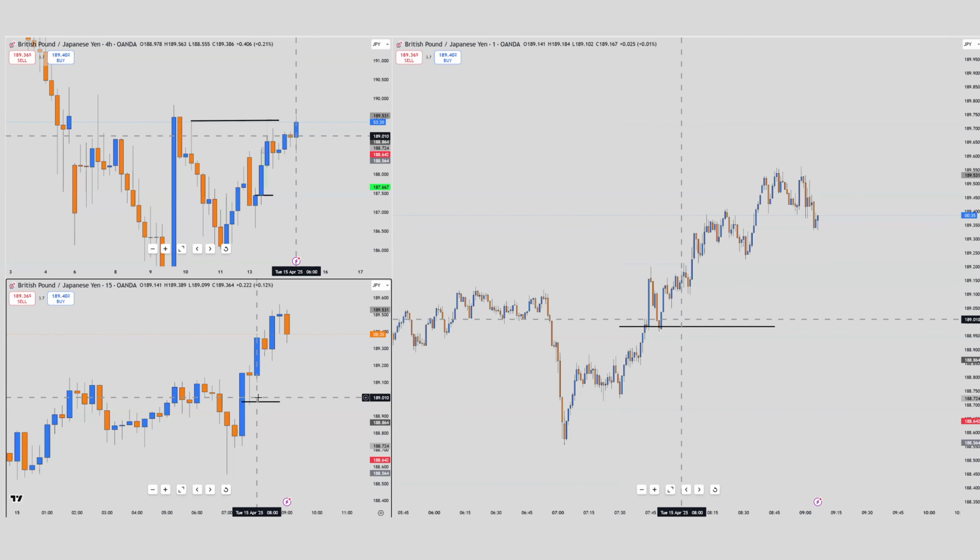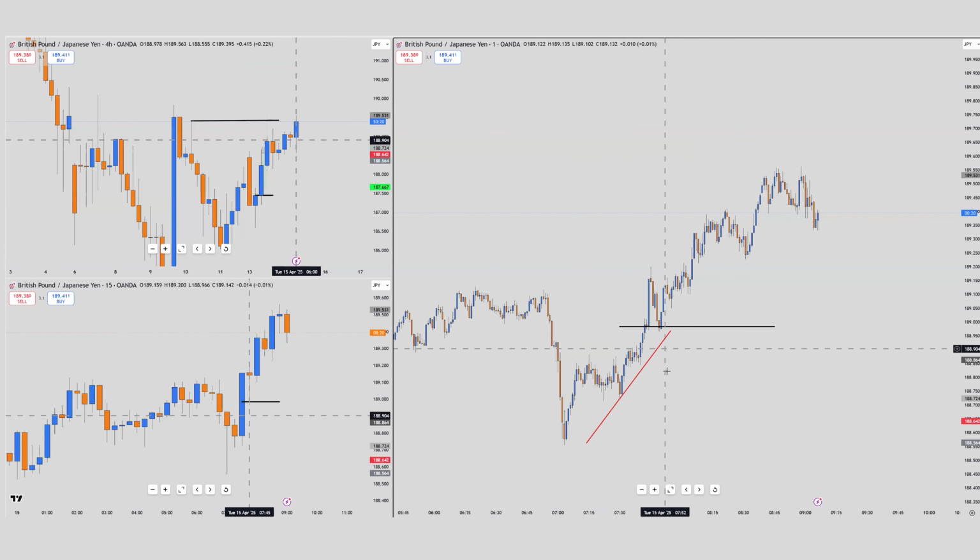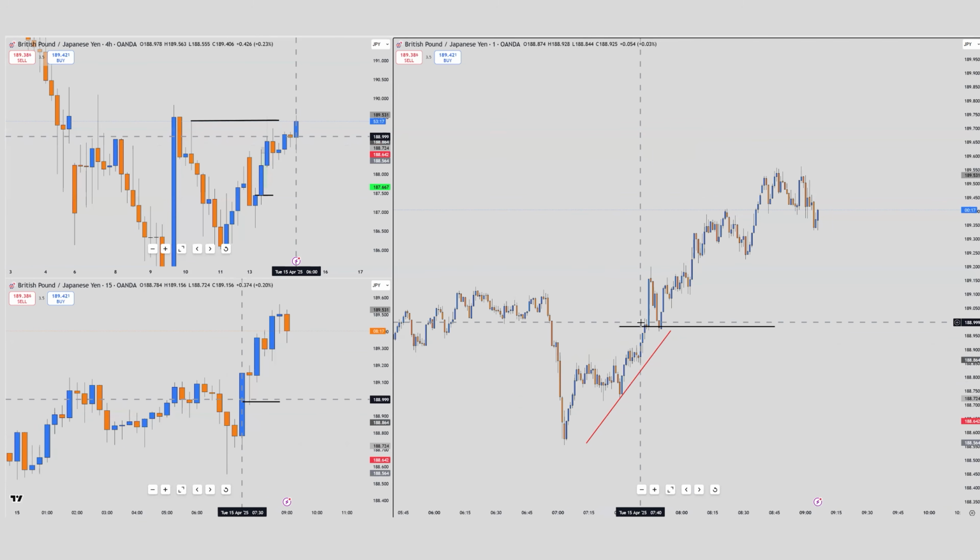So that being said, what we're then looking for when we scale down to our lower time frames, in this instance, we're looking at the 15-minute, 1-minute combo. You can see here on the 1-minute time frame that we have a clear directional bias. Price is pushing bullish. We're making higher highs and higher lows.